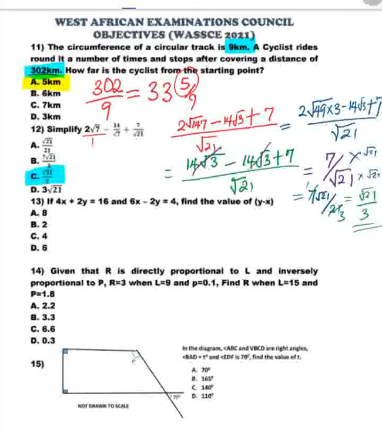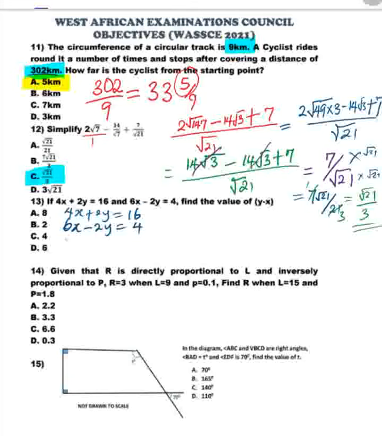Now, number 13. If 4x plus 2y equal to 16 and 6x minus 2y equal to 4, find the value of y minus x. This is a simultaneous equation. So let's quickly do that. 4x plus 2y equals 16, and then 6x minus 2y equals 4.